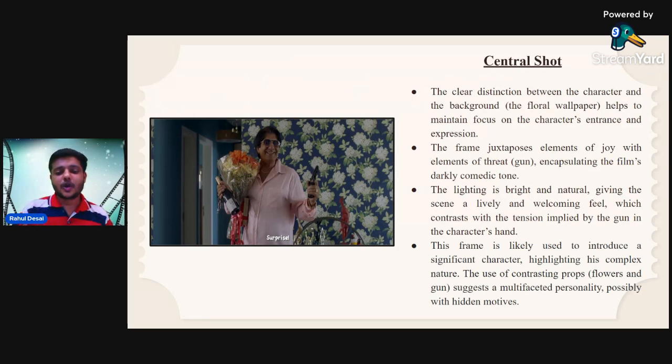The use of contrasting props like a flower and a gun, one hand holding a flower and the other a gun, suggests a multifaceted personality, possibly with hidden motives. We can also observe the hidden motives of the character.